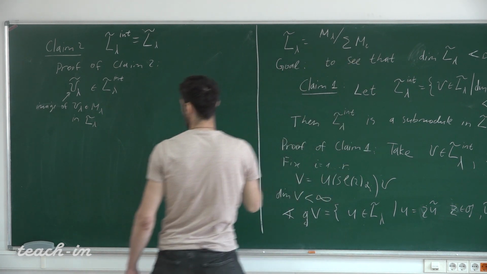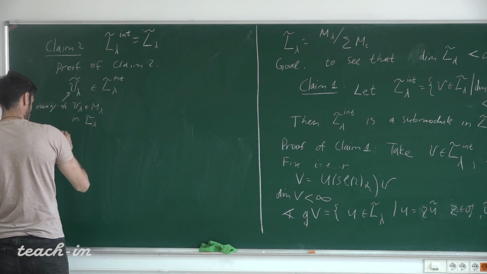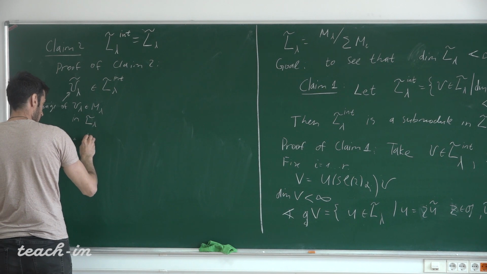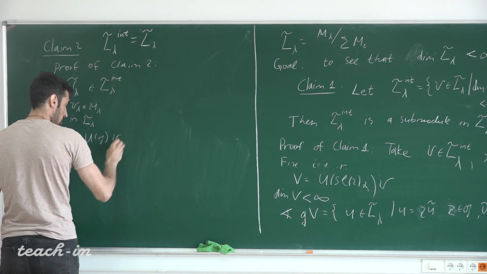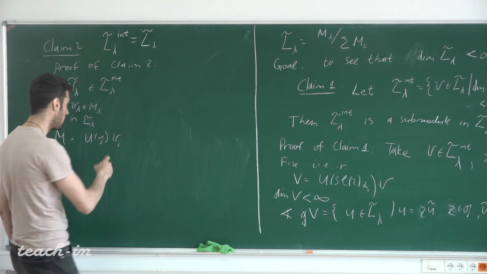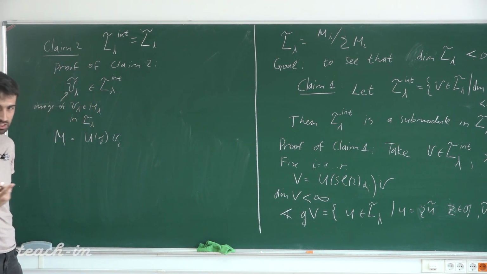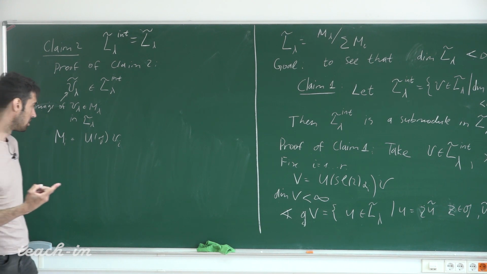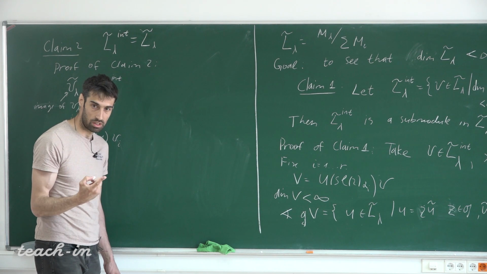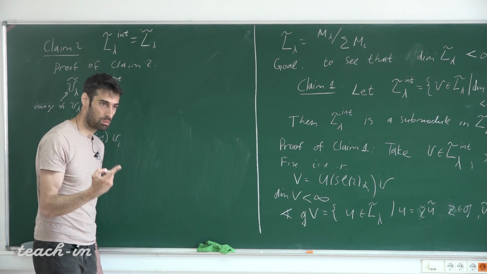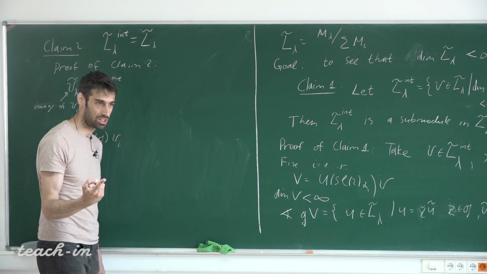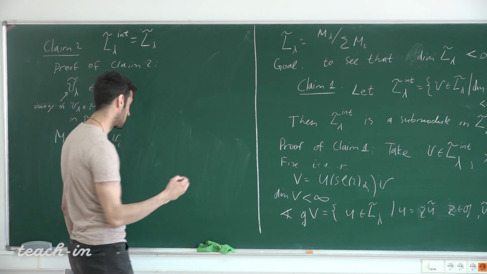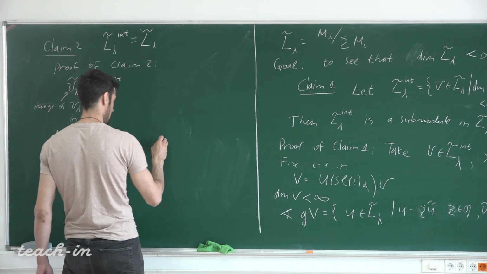So what is v i? Remember, M i was U of g v i. And v i lived in some weight subspace of M s dot lambda, right? But why did it live there? At the end of the previous seminar, we actually discussed it.